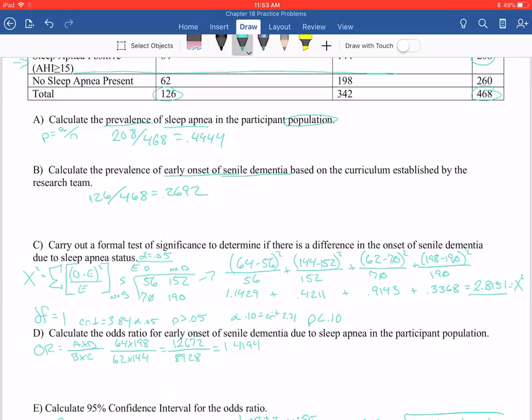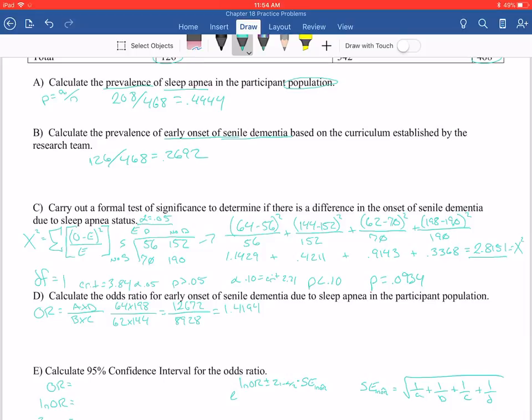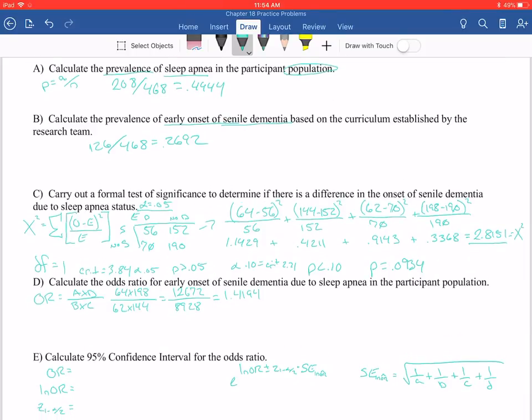So we know our actual p-value is going to fall between those values. If we stated a null hypothesis, we would fail to reject at alpha level 0.05, but we would reject at alpha level 0.10. Actual p-value here is 0.0934, which makes sense because our probability is going to be between 0.10 and 0.05.